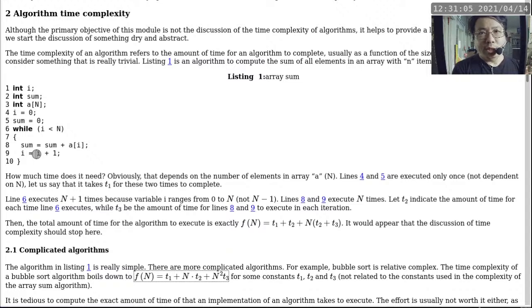But in this case, we need to look at the flags. But nonetheless, it takes time. And then line 8 and line 9 obviously will also take time because they have an addition to perform on each line, and also an assignment operation, which means we have to update a certain location in RAM, which also takes up time.